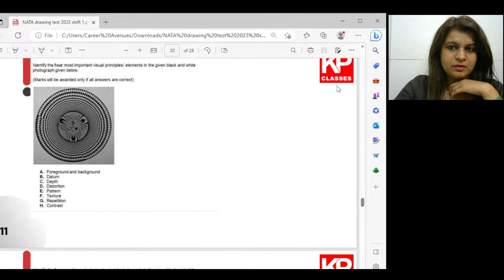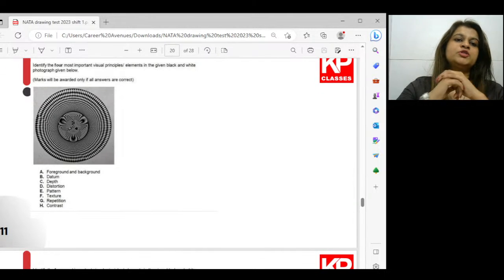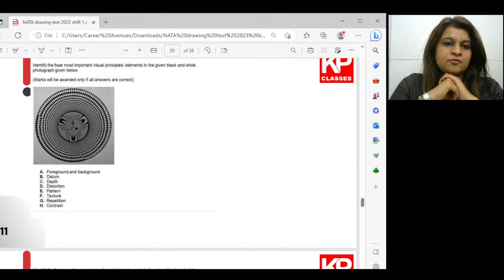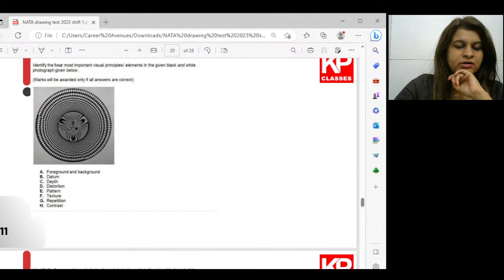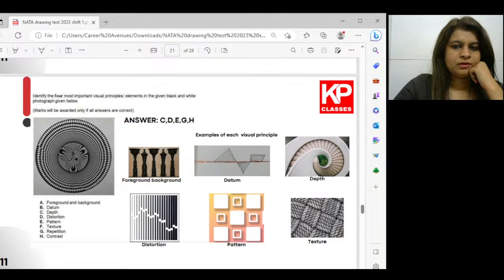Okay, moving ahead. Again, we have to identify the four most important visual principles in this black and white photograph. What do we see over here? There is this particular photograph, and this talks about the visual elements that we have.